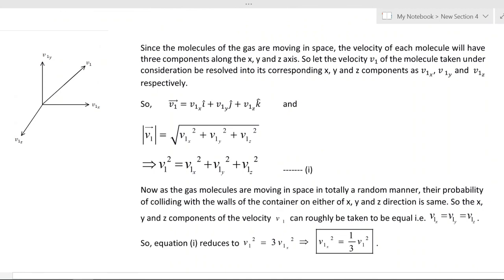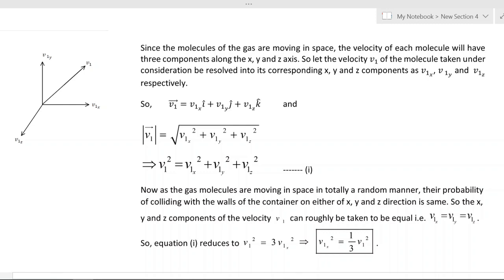As the gas molecules are moving in space in a totally random manner, their probability of colliding with the walls of the container in either of the x, y and z directions is the same. So the x, y and z components of the velocity v1 can roughly be taken to be equal. That is, v1x equals v1y equals v1z.